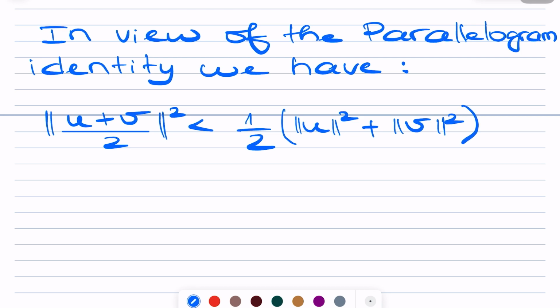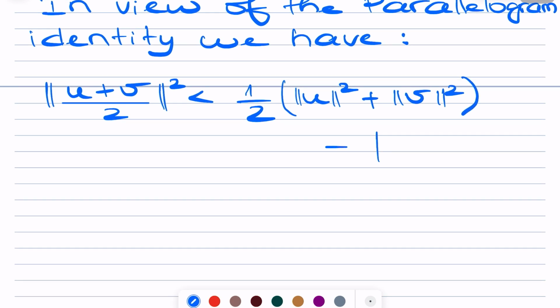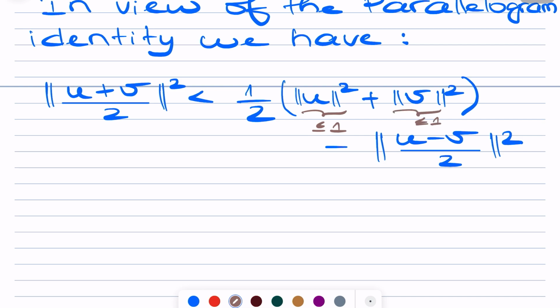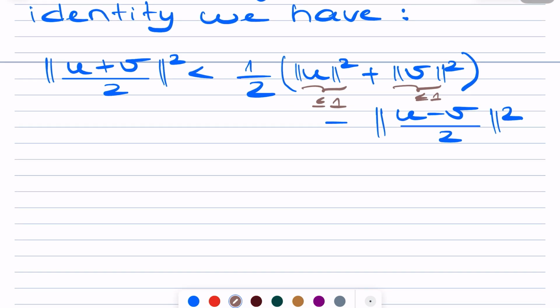Of course, this minus the norm of (u minus v) over 2 squared. But remember, this u and v are contained in the closed unit ball, so the norms are less or equal than 1, and also we were given the norm of u minus v to be strictly greater than epsilon, so this quantity here is strictly greater than (epsilon over 2) everything squared.